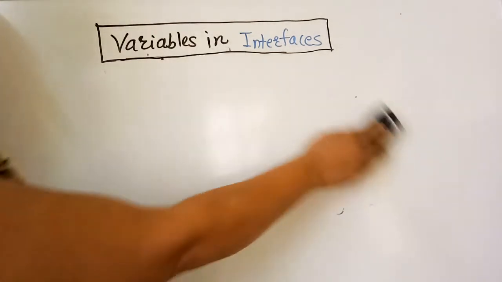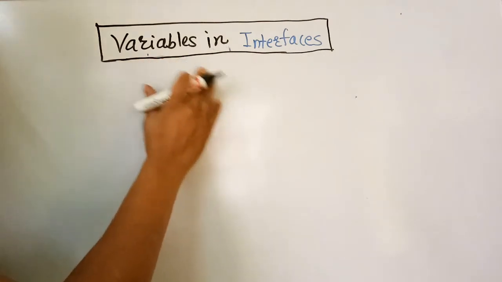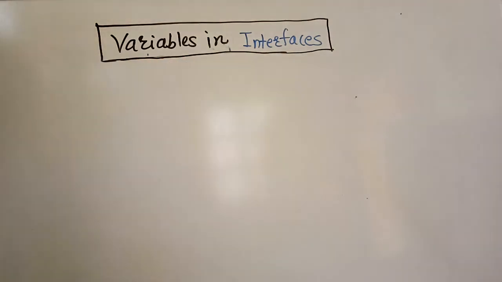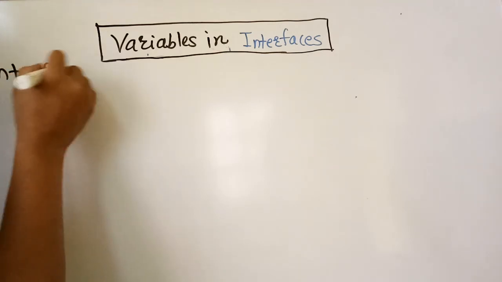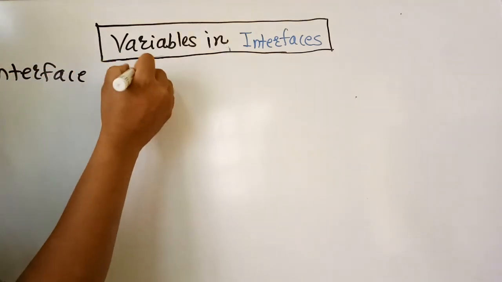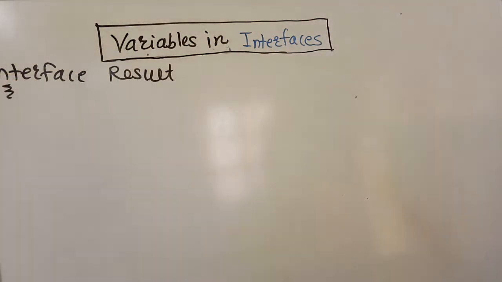Now we will take one example of how to create an interface and how to use it to solve a problem. For example, I will write the interface like interface type result. Which things are allowed in the interface?